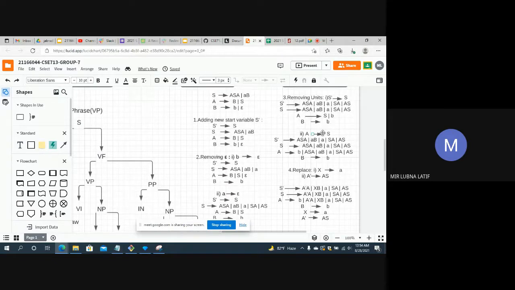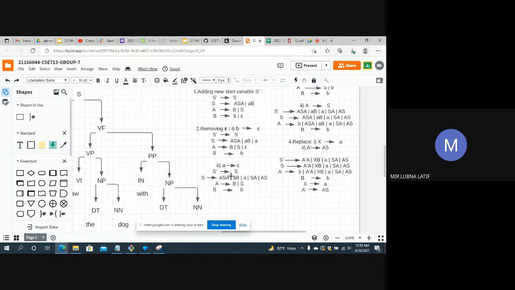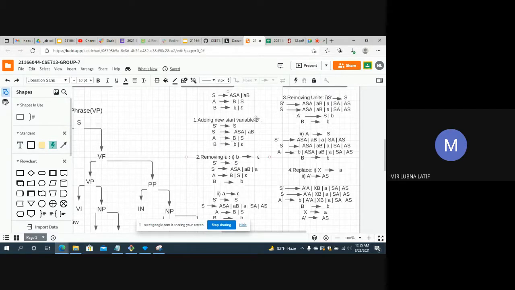For this we are going to use the start, as we have mentioned that S prime is S, so we are going to set the value of S to S prime, that is, here you can see same values, and after that we are going to use A to S. As you can see A to S, so we are going to remove this.